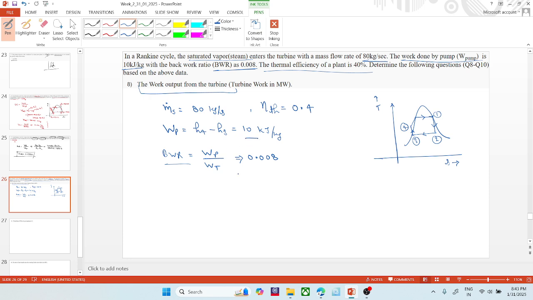So pump work is 10 divided by WT, which is 0.008. So from here, WT would be 10 divided by 0.008, which would be 1250 kilojoule.